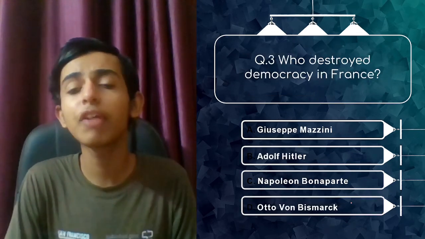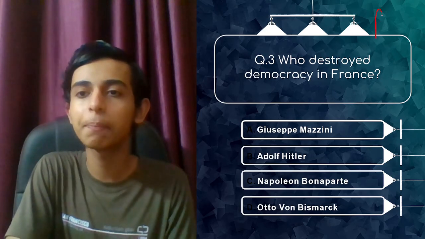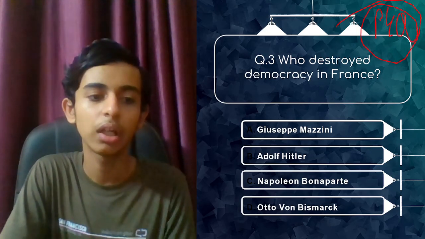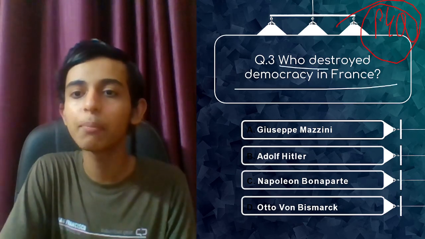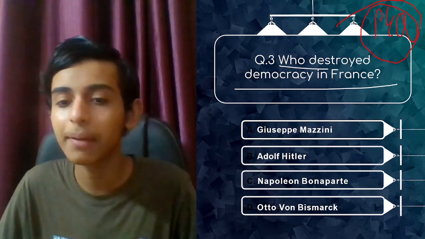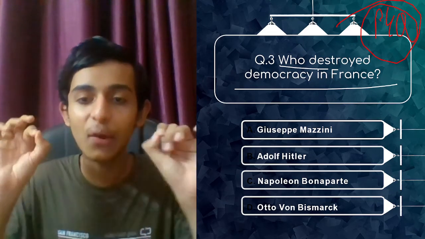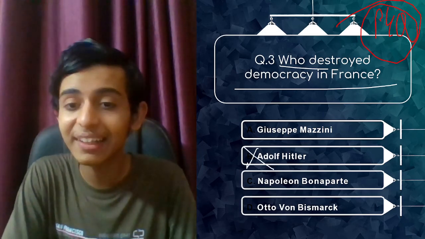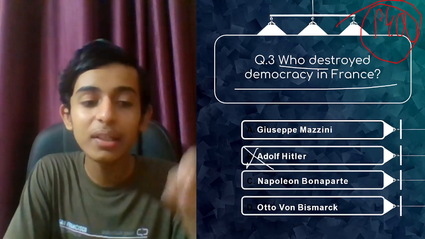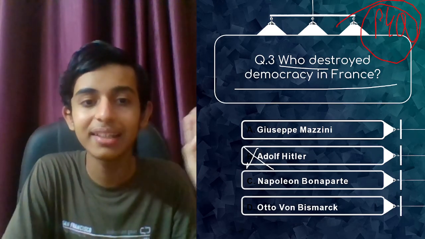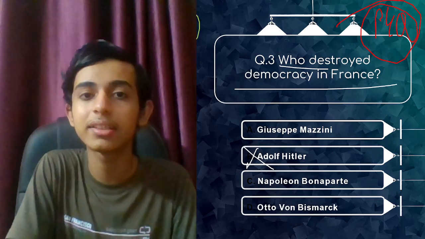Last question for today from the previous session, and this is a PYQ as well. This is a previous question, so pay attention. It says, who destroyed democracy in France? Was it Giuseppe Mazzini, Adolf Hitler, Napoleon Bonaparte, Otto von Bismarck? Number one, we are not at all discussing Adolf Hitler in this scenario. He was born after a long time, in the 1900s his regime was there.